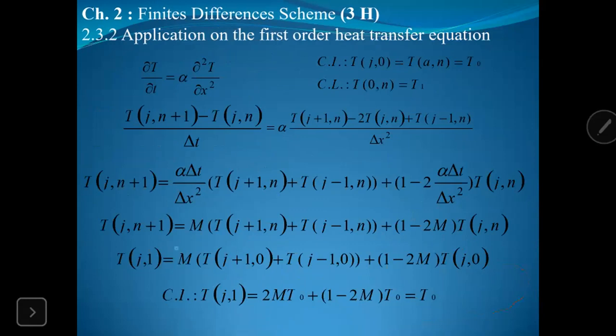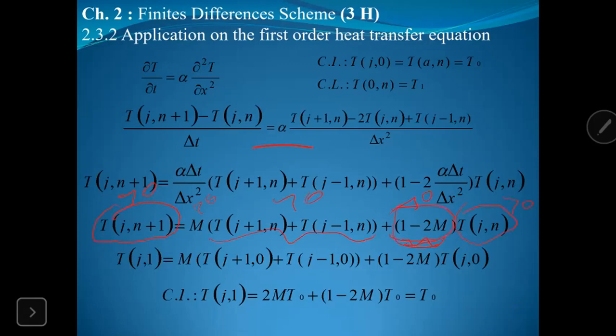But here we have Tj n plus 1 is positive. M is a constant positive, and this term is positive. The temperature here is positive. This term here must be positive. In order to determine the stability of our system, this term here must be positive.